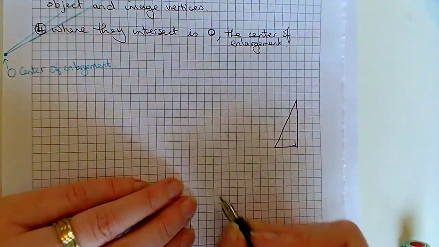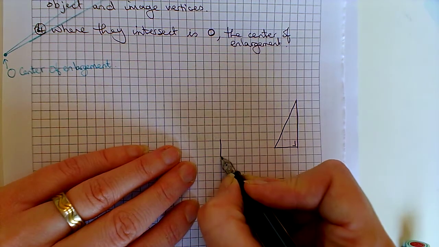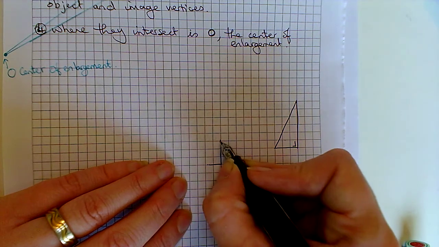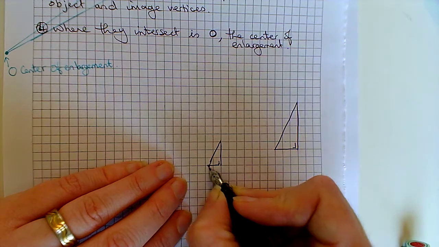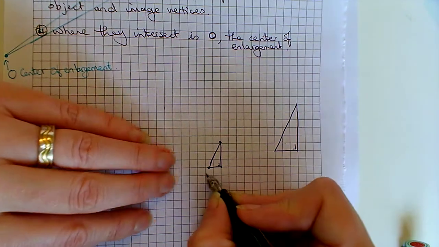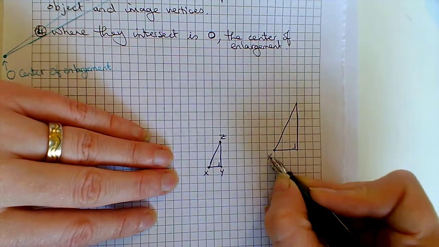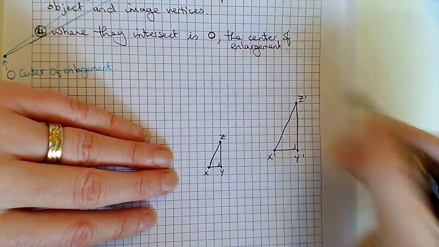And I'll do a second triangle over here with 1, 2, 3, and it should be 1.5. I pick an awkward number. And we'll label our object x, y, z, and our image x prime, y prime, z prime.